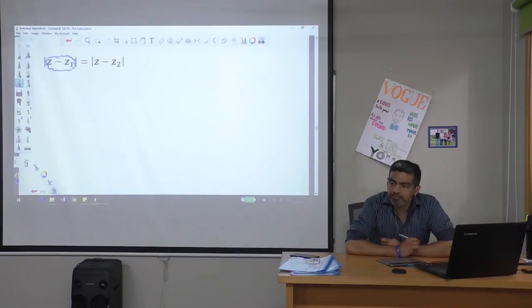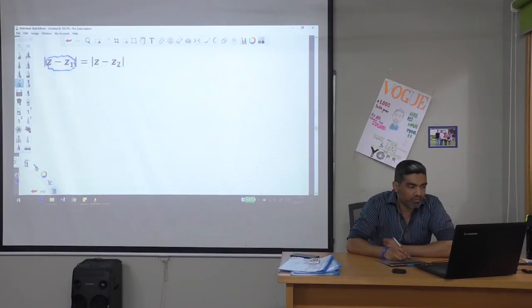A vector from Z1 to Z, a connection between Z and Z1, and then the mod of that vector going from Z1 to Z. What does that give you? It gives us the length of the vector, which means you get the distance from Z1 to Z. This mod of Z minus Z1 gives you the distance from Z1 to Z.